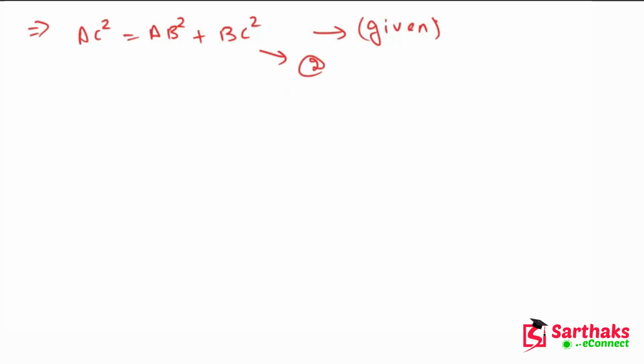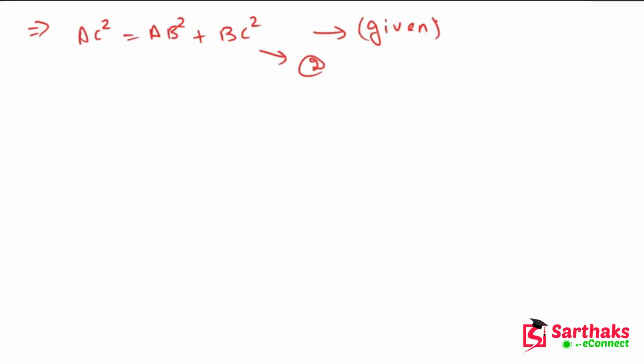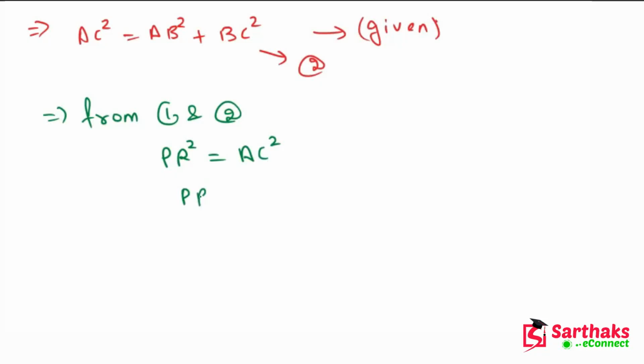So now from equations first and second, the RHS part is equal, so we can write from 1 and 2, PR square is equal to AC square, which gives PR is equal to AC. So this is our third equation.